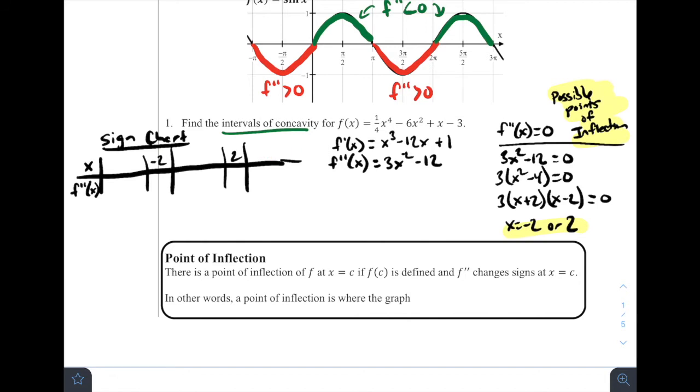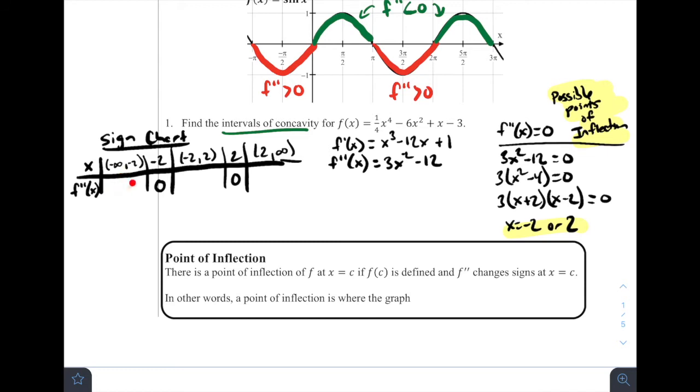So going from negative infinity all the way to negative 2, then from negative 2 to positive 2, and then from 2 up to infinity. We already know the second derivative values at negative 2 and 2 because we found those by setting the second derivative equal to 0, and so those are the values that make it equal to 0.